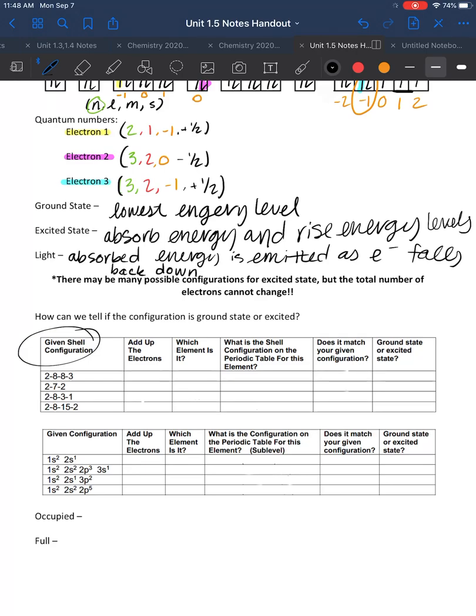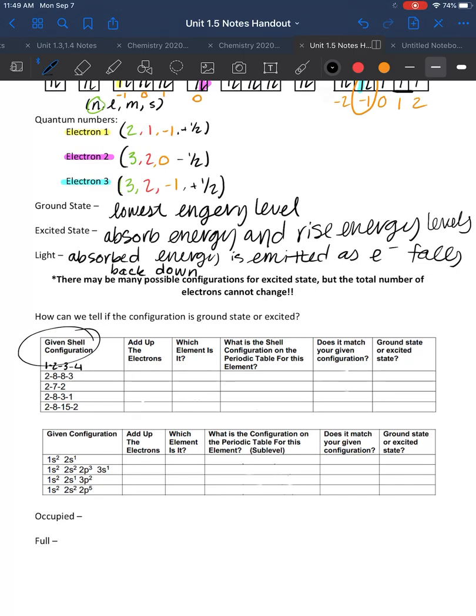This configuration means excited if it does not match what you come up with. So here, remembering that shell configuration is energy in the first, then the second, then the third and fourth energy levels. So if we add up all those electrons, it'll point us to the atomic number, which we can then use to figure out the element.